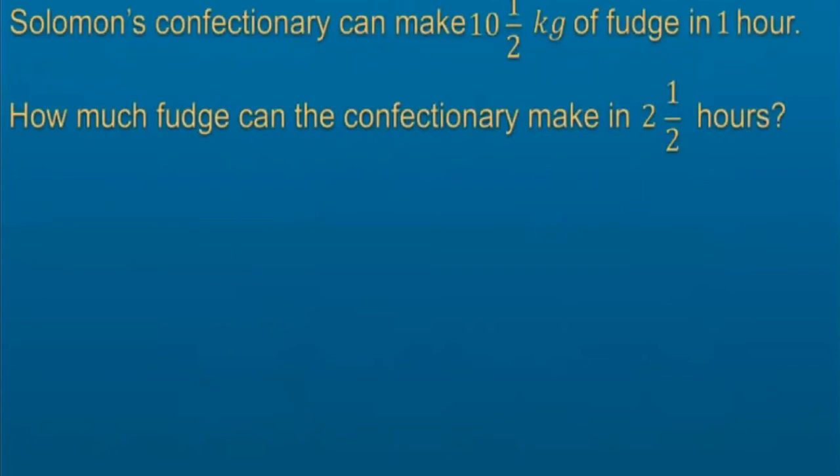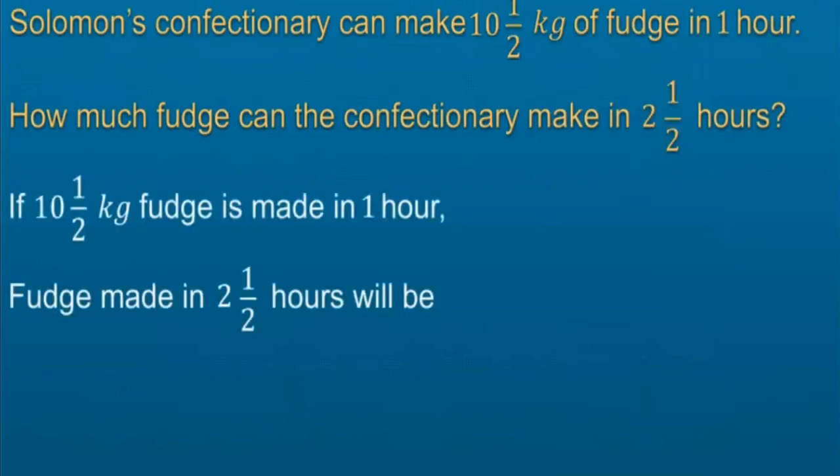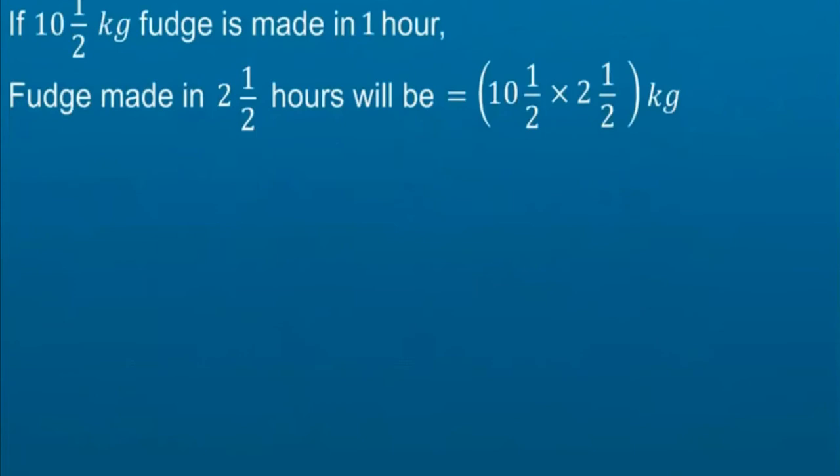Solomon's confectionery can make 10.5 kg of fudge in 1 hour. Can you find out how much fudge Solomon's confectionery can make in 2.5 hours? To find this out, we need to multiply 10.5 with 2.5. First of all, let's change the mixed fractions into improper fractions.